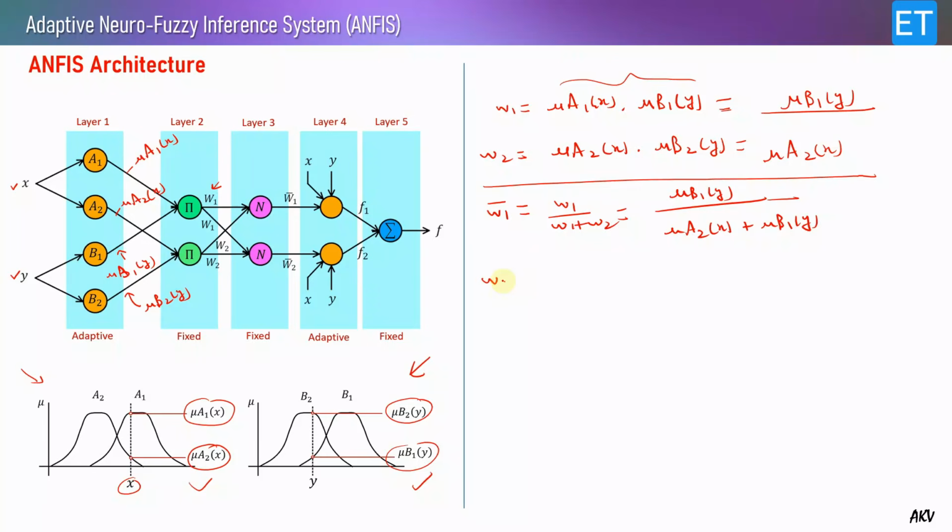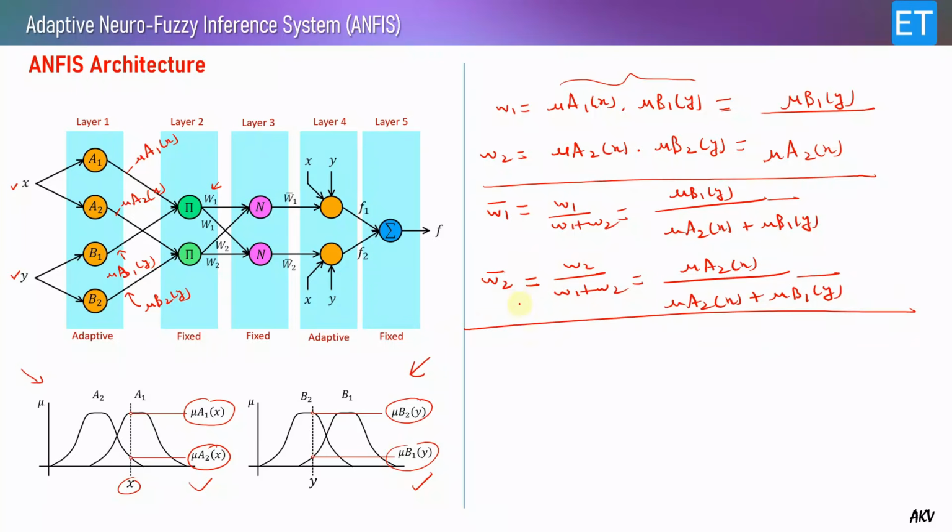Similarly, I can write for W2 bar. So that is W2 upon W1 plus W2. So that is mu a2x upon mu a2x plus mu b1y. Okay. So these are the expressions for W1 bar and W2 bar.